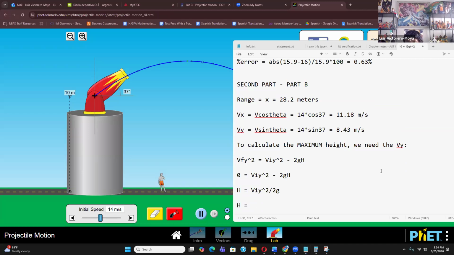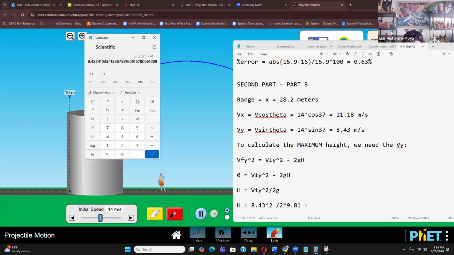So 8.43 squared divided by 2 times 9.81.